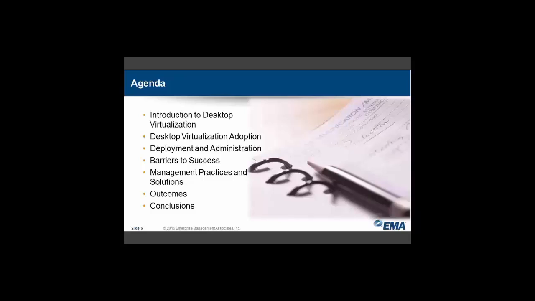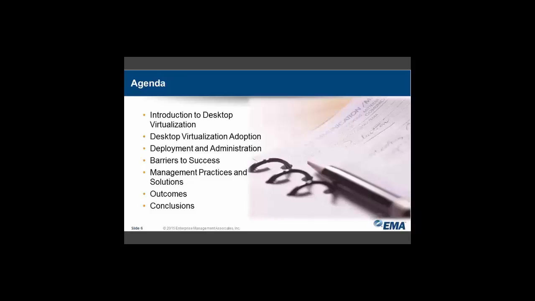Next, we'll look at current practices for deployment and administration of desktop virtualization solutions, and we'll review some of the primary barriers to success that most often challenge organizations in the delivery of desktop virtualization services. We'll also reveal key data that suggests optimal management practices and solutions that should be adopted for enabling effective desktop virtualization solutions.